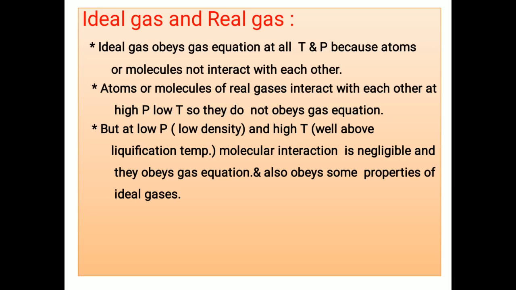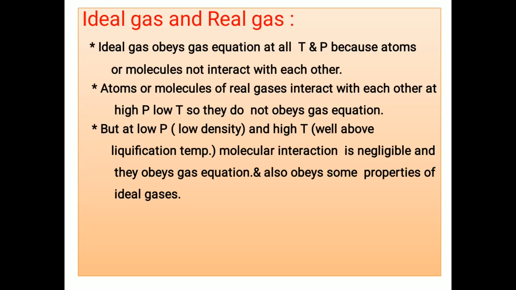In case of ideal gases, molecules have negligible volumes, so almost the whole space of the container, the total volume of the gas V, is available for free motion of the molecules. So there is no correction in the volume, and the intermolecular force of attraction between the molecules is negligible in case of ideal gases.